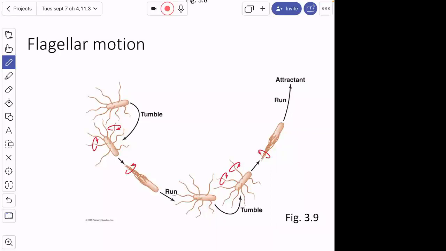Okay, so for an organism that has a paratrichous arrangement, if the flagella are moving counterclockwise, then the organism will move in what we call a run.